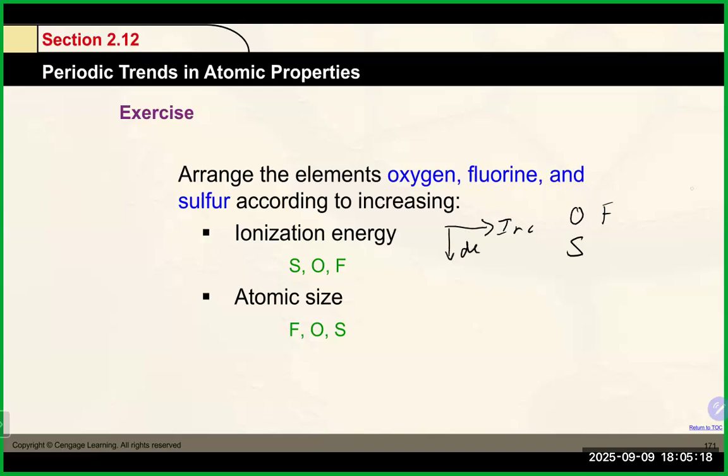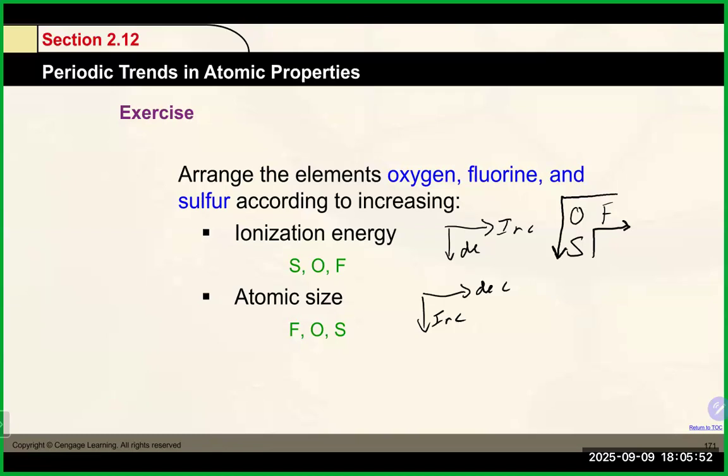So in terms of smallest ionization energy, it should be sulfur to oxygen to fluorine in terms of being low to highest ionization energy in that pathway. In terms of atomic size, it decreases as we go up and to the right and increases as we go down to the left. So the opposite here, we're going to go from smallest, which would be fluorine, down to sulfur, which would be the largest in this case. Any questions on that there?